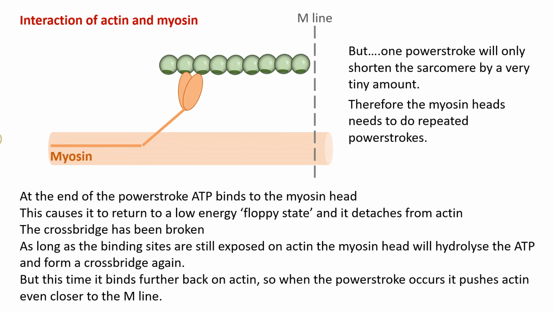The myosin head, if the sites are still exposed, will hydrolyze the ATP, go back into a high energy state, form another cross bridge, but further back on actin. Flip off its ADP and P, do another power stroke, and move it even closer to the M line, until ultimately the actin filaments can overlap at the M line in fully contracted muscle.